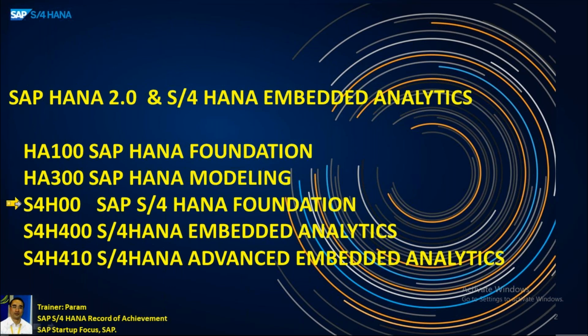Then comes in the SAP S4 HANA Foundation. The SAP S4 HANA today is the 4th generation SAP ecosystem, whereby it is powered by the HANA database for the entire SAP Business Suite applications. The ERP is now the S4.